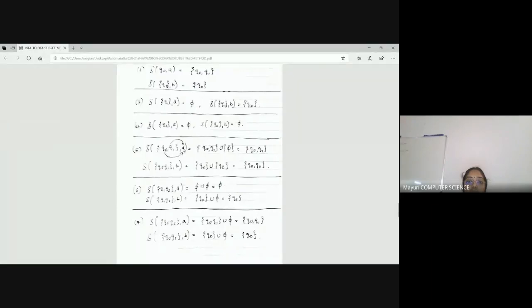For Q0, if I give A, it goes to Q0, Q1, as you can see in the transition table. For Q1, if I give A, it goes to the null state. Just make a union of the states. You will get Q0, Q1 only, because there is no value in the null set.